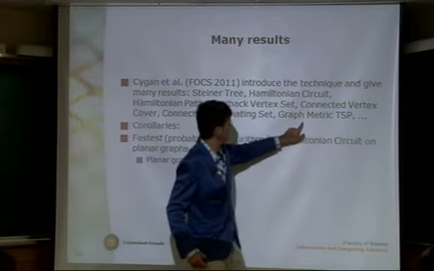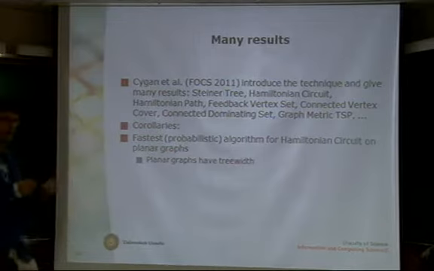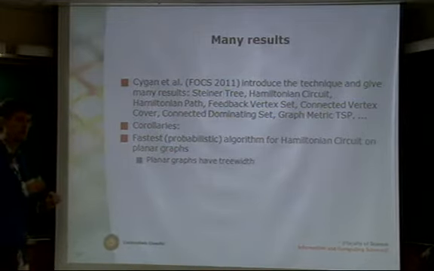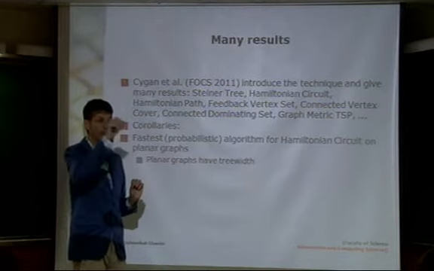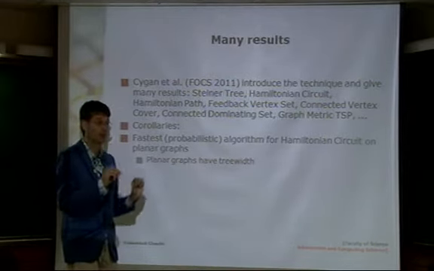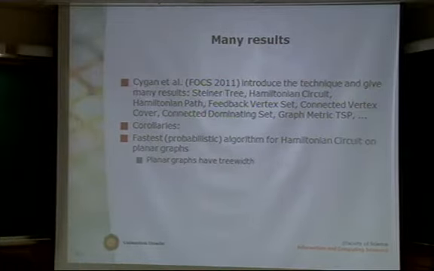An interesting one is the so-called graph metric TSP. Again, the weight should be polynomially bounded, so I ask for a circuit in my graph which visits every vertex at least once, but the total length should be as small as possible. So it's more or less TSP, but inside a graph.